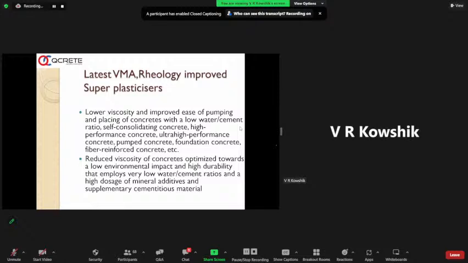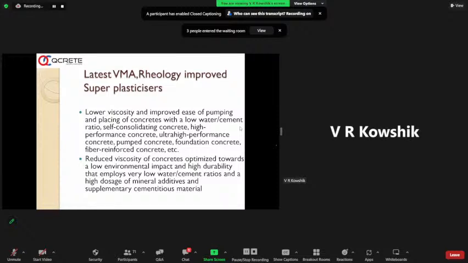Now, most of the admixture companies have started making a built-in system where the VMA has been blended into the admixture itself, and hence it can be used for making high performance, ultra high performance pumped concrete, wherever SCC is required.